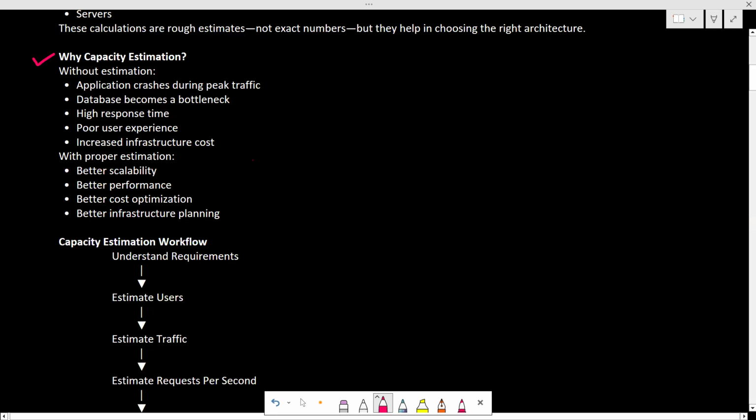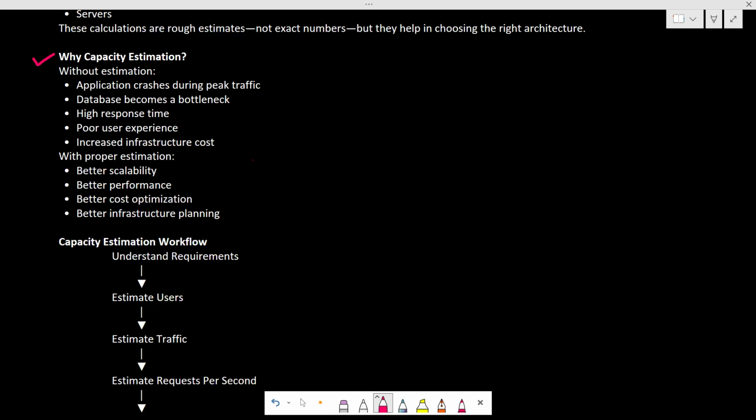If the architecture was not designed for this much traffic, servers become overloaded and response times increase. Users start leaving the platform, performance will be low, and the users will not love your product or your platform. So that's why capacity estimation helps us avoid these problems.